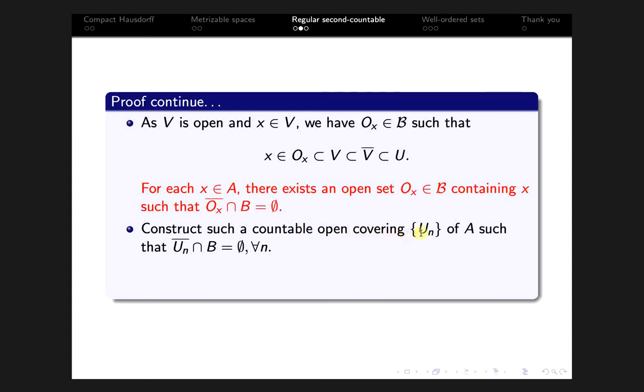Such a subcollection is countable because the set of all basic open sets is countable, so this subcollection is also countable.